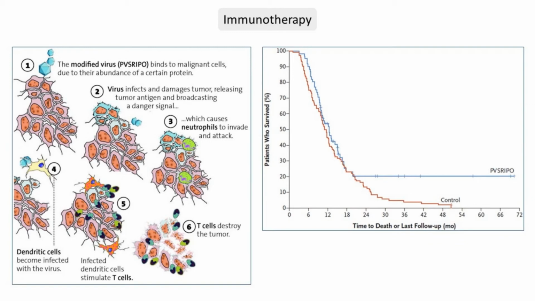And although the majority still did not have much benefit from this, you can see this interesting phenomenon where with those who had the modified poliovirus, there is a proportion who, stretching out to 5 years from recurrence, are still seemingly doing very well. Now, this is very small numbers, but it was exciting, and there's actually a whole range of modified viruses in development in various stages at this point.